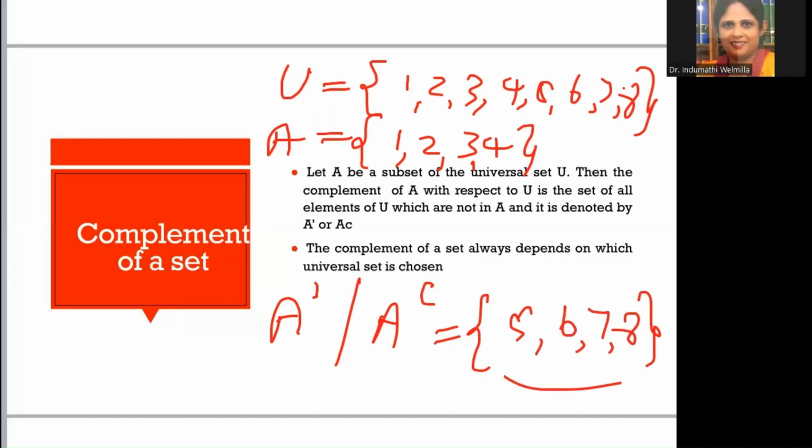Those elements we have taken from our universal set. That's why we say the complement of a set always depends on the universal set that we select.